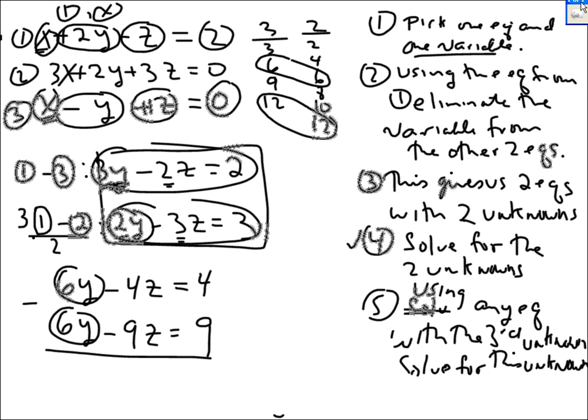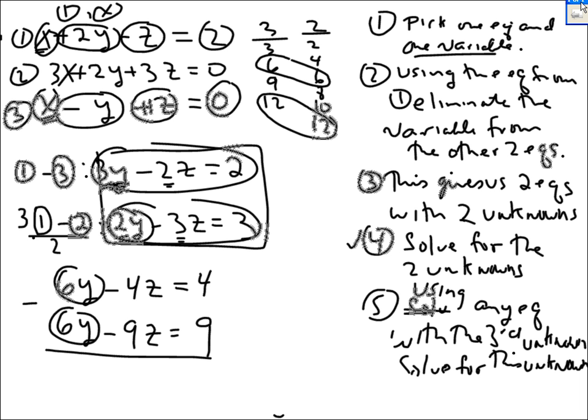A lot of teachers say, oh, don't subtract. You can subtract. It's not hard. Negative 4 minus a negative 9 is 5. 5z. 4, take away 9, negative 5. 5 times some number gives me negative 5.